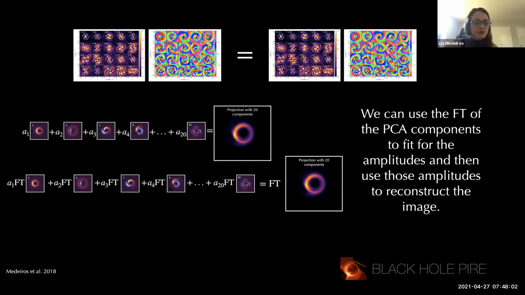And so this is what this bottom equation here is showing you, is that we can use the Fourier transform of these components in a linear combination where we are deriving the different amplitudes for these different components. And that's what we're really comparing to EHT data. But those same amplitudes can be used to actually reconstruct the image in the image domain as well.